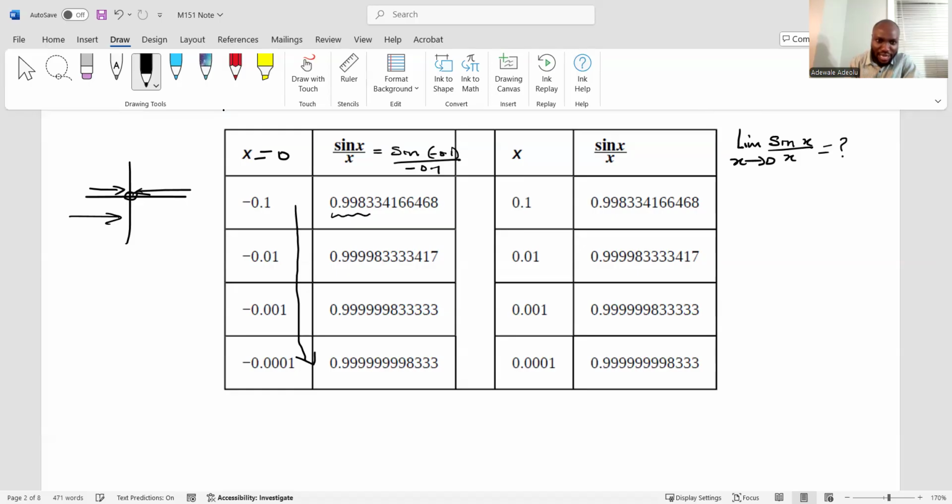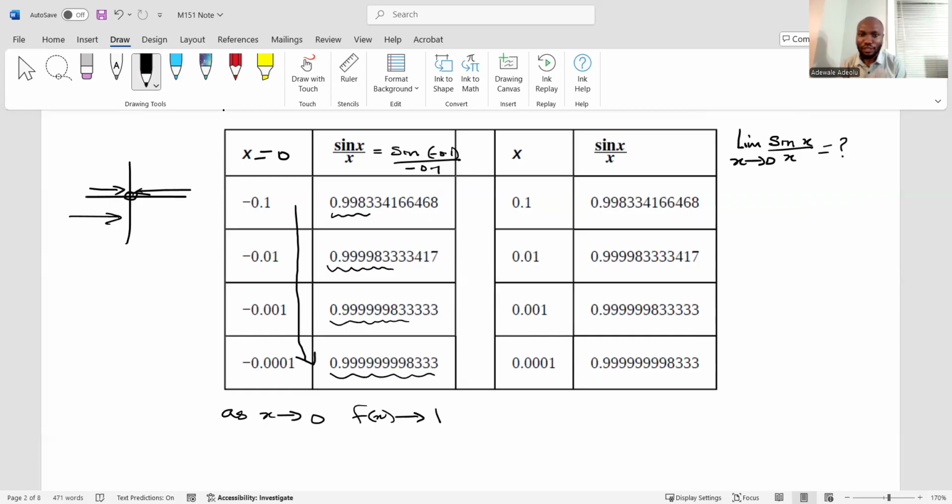This is 0.99, 0.999, 0.9999, 0.99999. We will see that that value is trying to get to a particular number, which is 1. It is trying to get to 1. So we say as x tries to get to 0, our f of x is trying to get to 1.